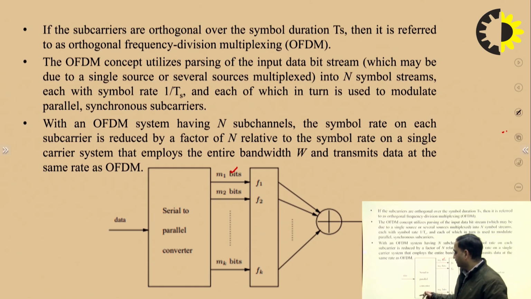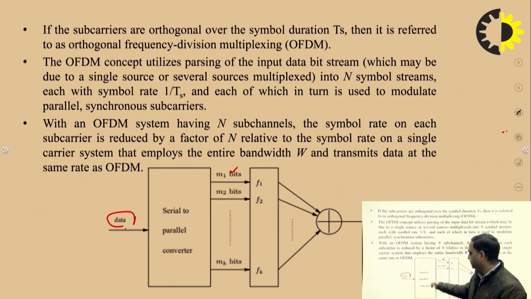In multi-carrier, if we have a data stream, that data stream passes through a serial-to-parallel converter, which divides the band of frequencies into multiple bands. How does this occur?